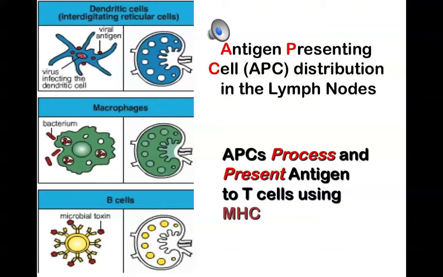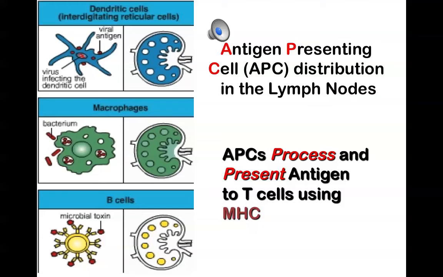APCs undergo what we call processing and presentation of bits and pieces of other viruses, bacteria, or toxins that we call antigens to T cells via what's called the MHC, or the self-marker. The processing is the breaking down of the virus, bacteria, or the toxin.